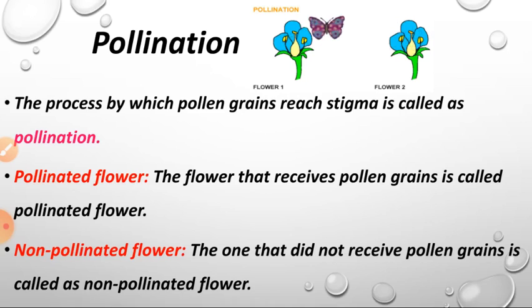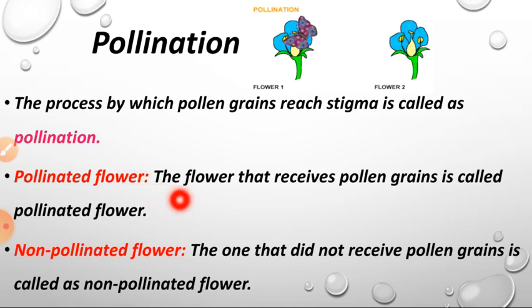So pollen grains are the male part of the flower, and they reach the stigma. The stigma is the female part of the flower, the pistil. The process by which the male pollen grains reach the female stigma is known as pollination.